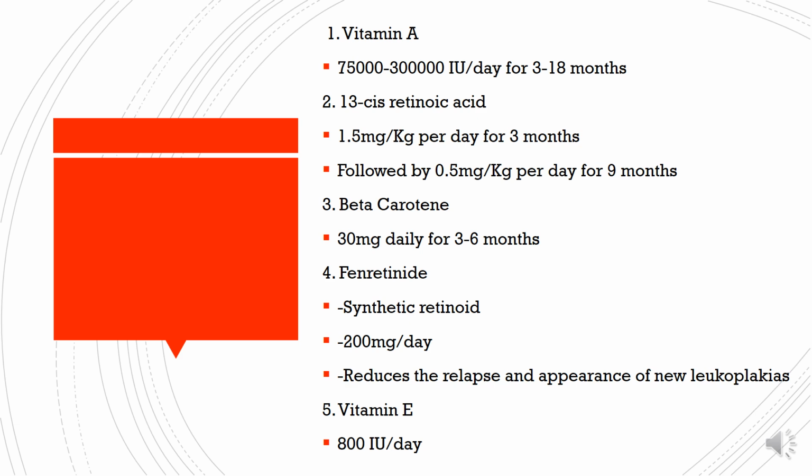The doses of the following drugs are: vitamin A 75,000 to 3 lakh international units per day for 3 to 18 months. 1,3-cis retinoic acid 1.5 milligrams per kilogram per day for 3 months, followed by 0.5 milligram per kilogram per day for 9 months. Beta-carotene should be given in the dosage of 30 milligrams daily for 3 to 6 months.